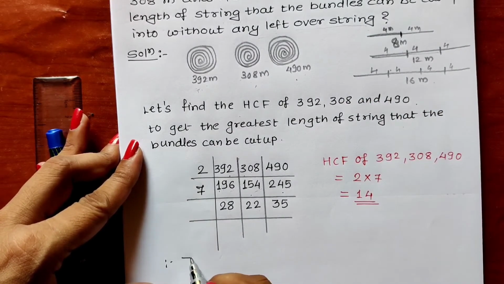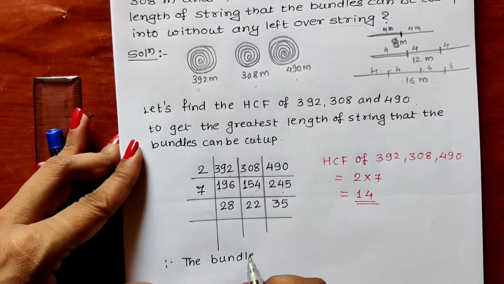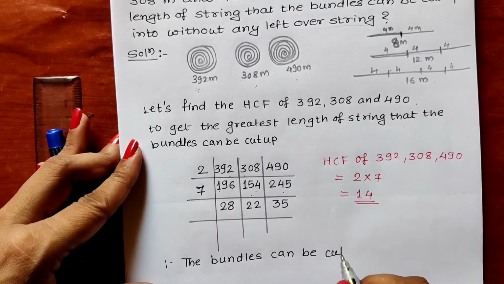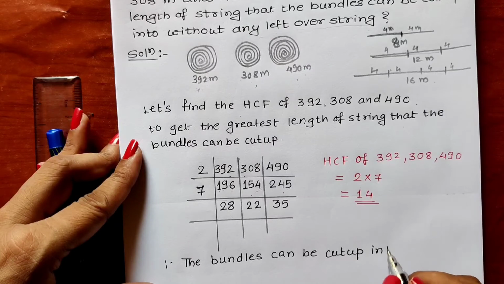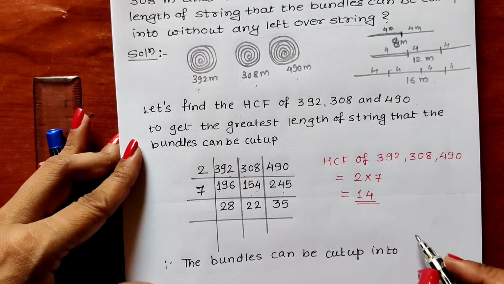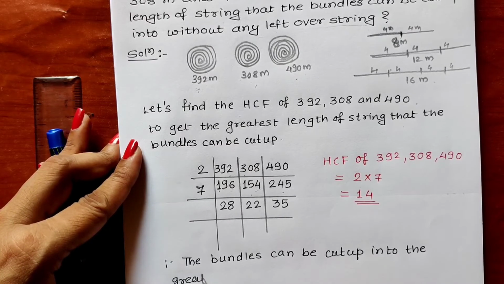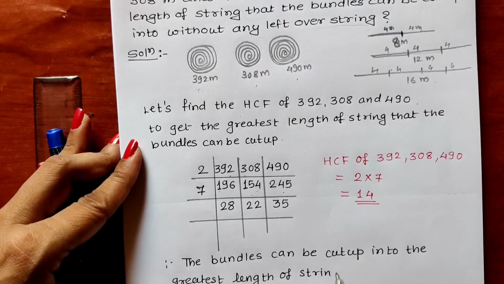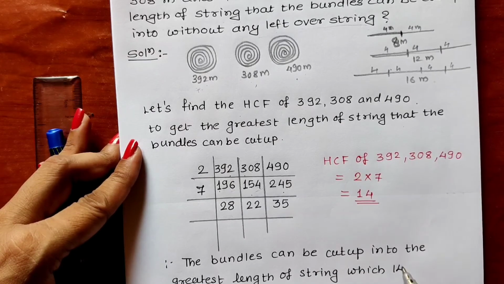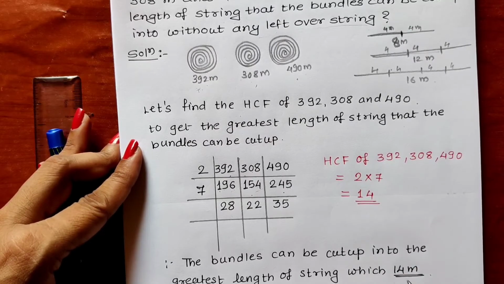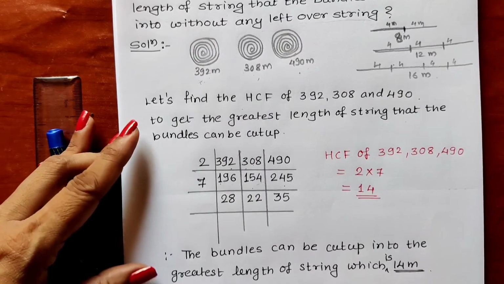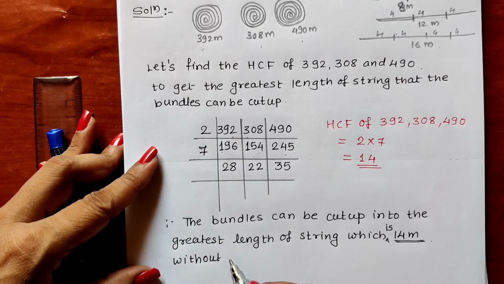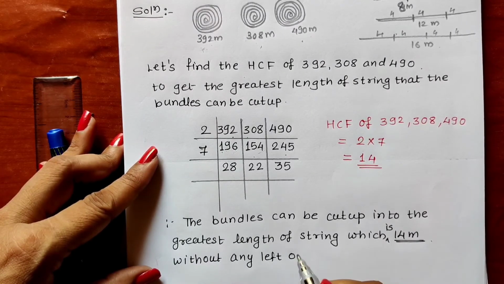Therefore, the bundles can be cut up into the greatest length of string, which is 14 meter, without any leftover string.